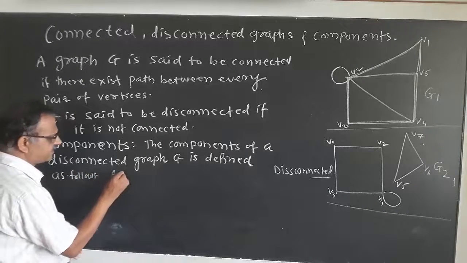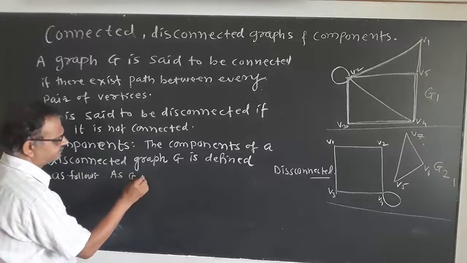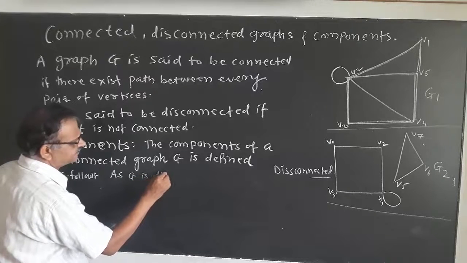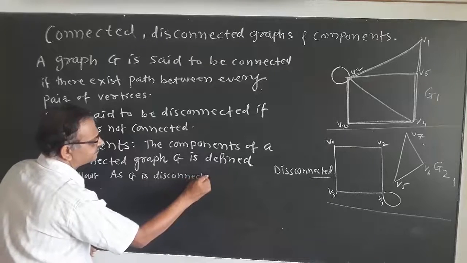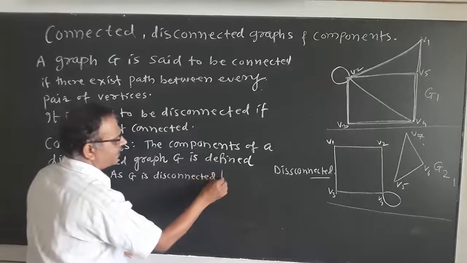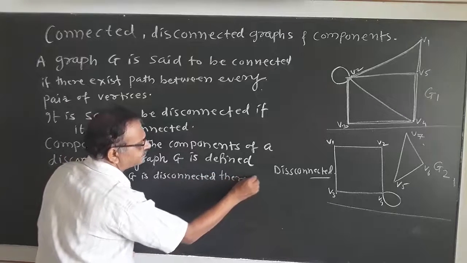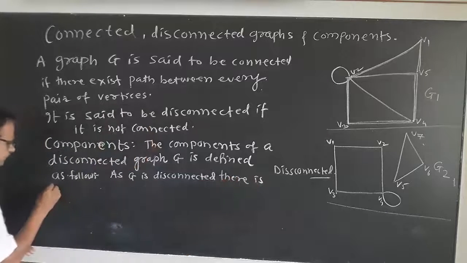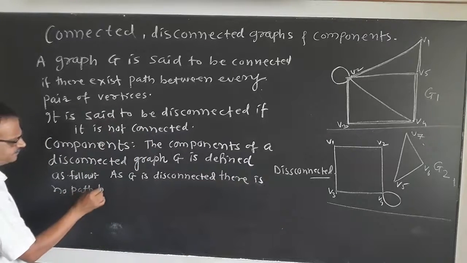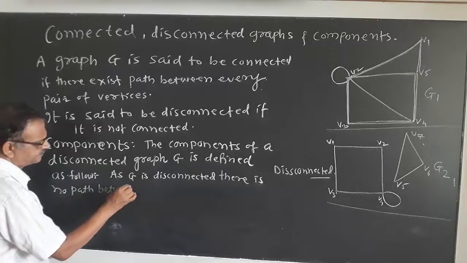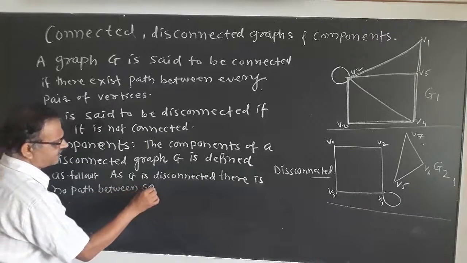As G is disconnected, there is no path between some pair of vertices.